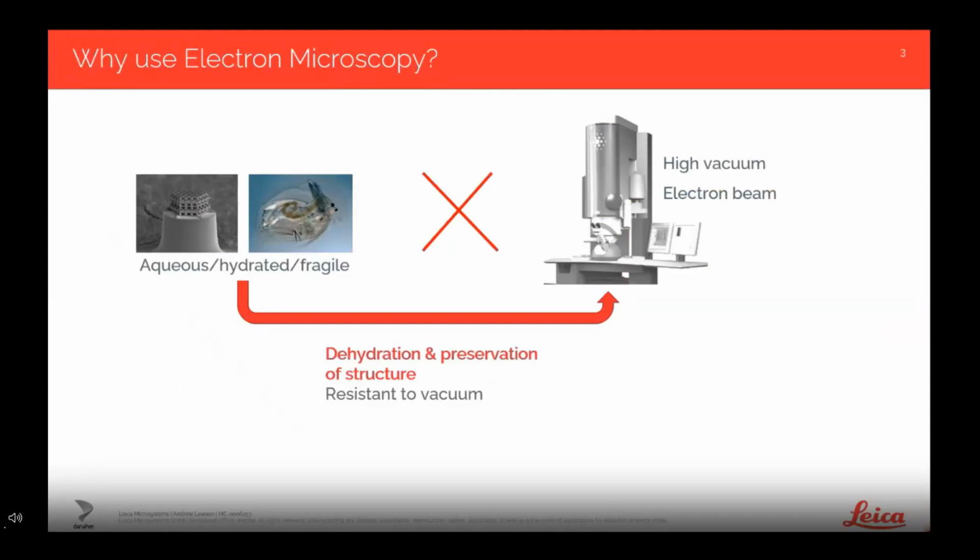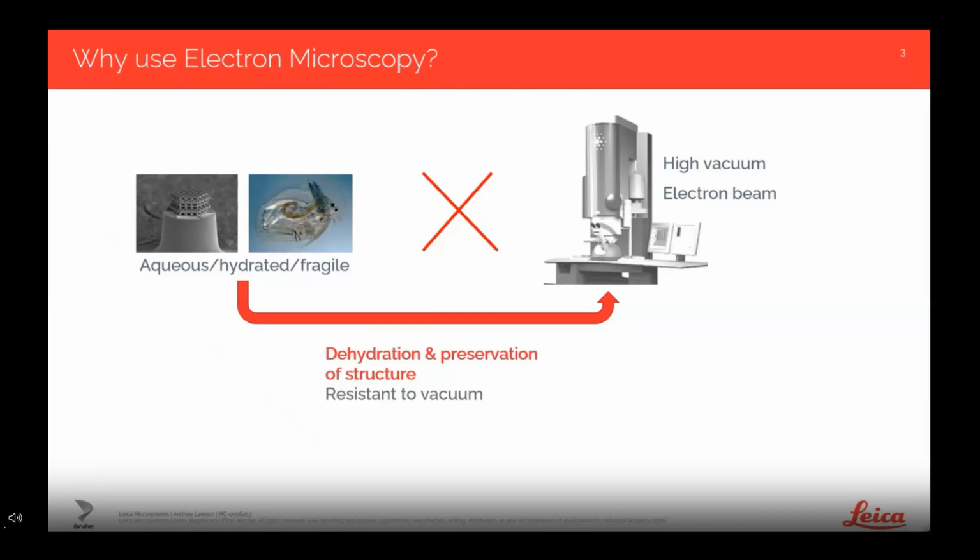A number of our samples for electron microscopy applications may start as aqueous or hydrated or very delicate samples that, when exposed to the high vacuum of an electron beam chamber or electron microscope column, that structure can be destroyed or damaged in some way.